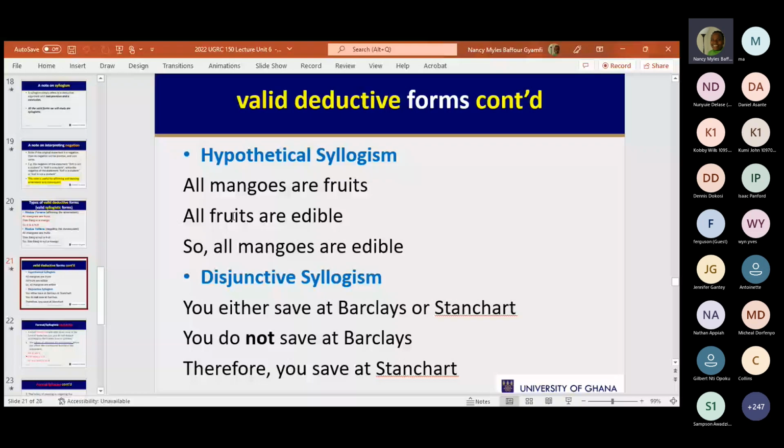So the consequent in the first premise is the antecedent in the second premise. That becomes the bridge on which you can now conclude from the beginning to the end. Look at what is going on. All mangoes are fruits. All fruits are edible. Then you can conclude, therefore all mangoes are edible.